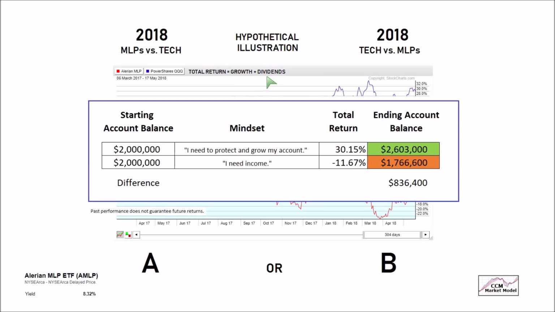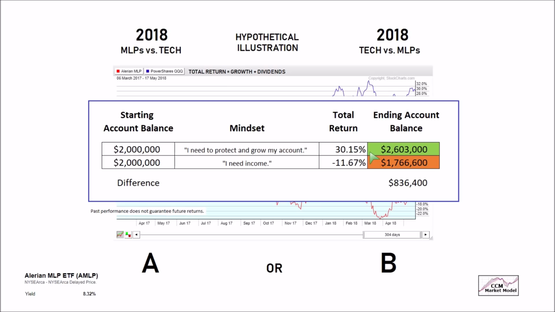In some environments, dividend payers have an advantage over growth-oriented investments. In some environments, growth-oriented investments have a huge advantage over dividend payers. And that would be the case in this look-back period that we have here. It's quite obvious based on the account balances.